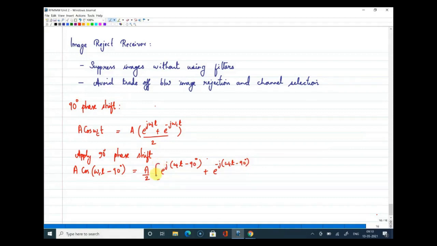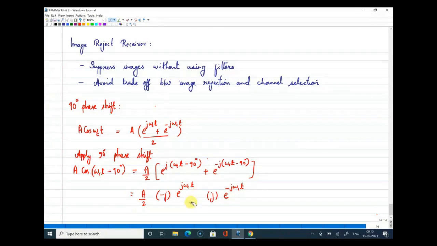This is how we can write that. Further, I can simplify this: e to the power of j into minus 90 is nothing but minus j, into e to the power of j omega ct, plus e to the power of j90, which is the same as j, into e to the power of minus j omega ct. I hope you guys are following this.